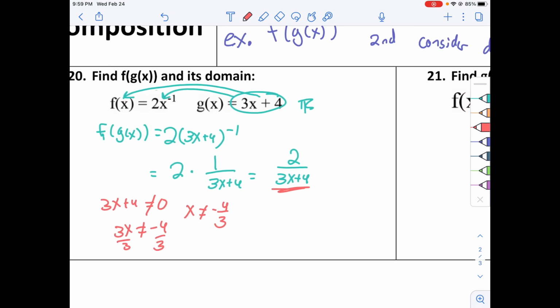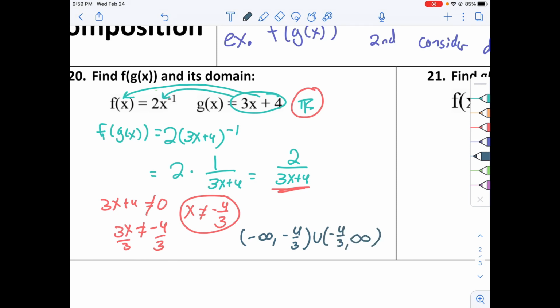So the intersection between all real numbers and x not equaling negative 4/3 is literally every number but negative 4/3. So we go negative infinity to negative 4/3, union negative 4/3 to positive infinity. Boom.